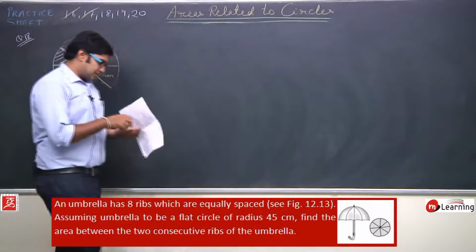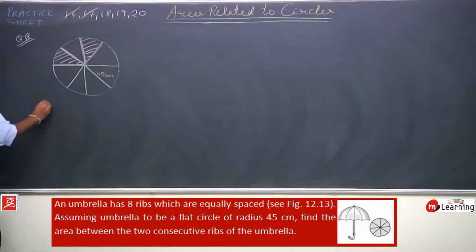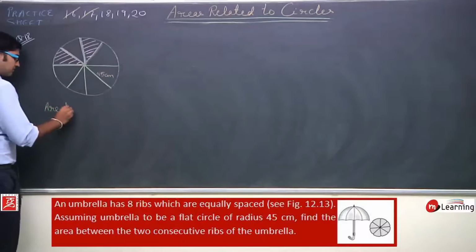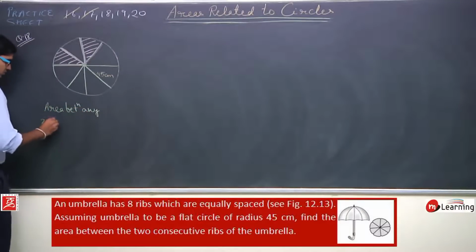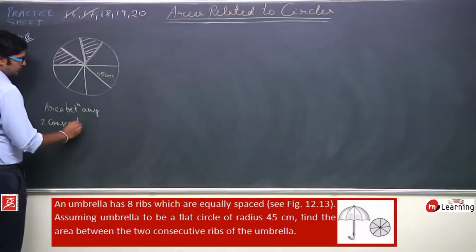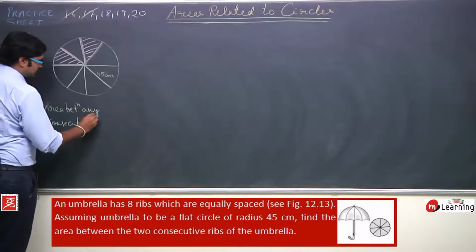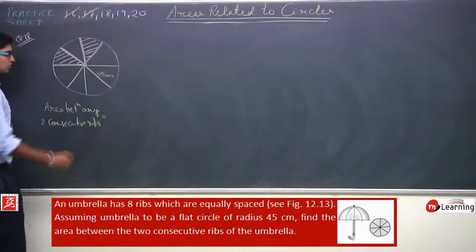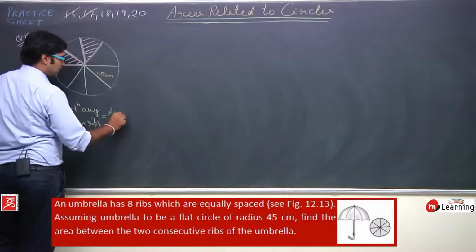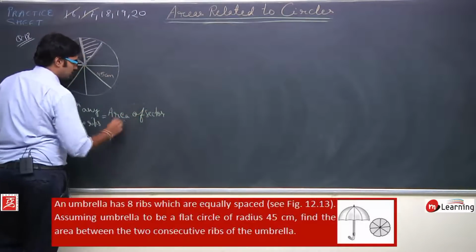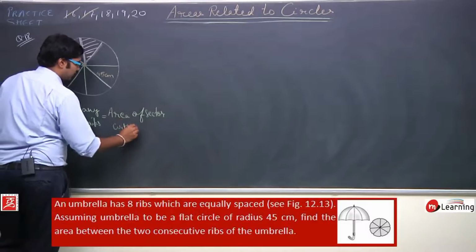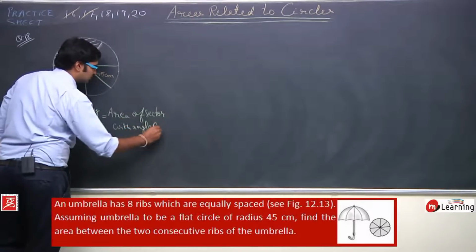What I can see is area between any two consecutive ribs is equal to area of sector with angle theta.